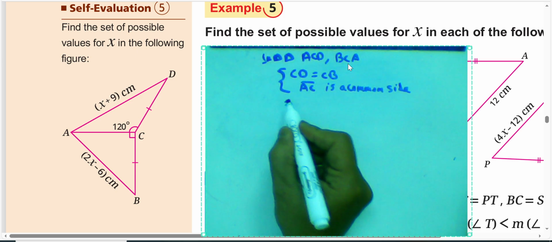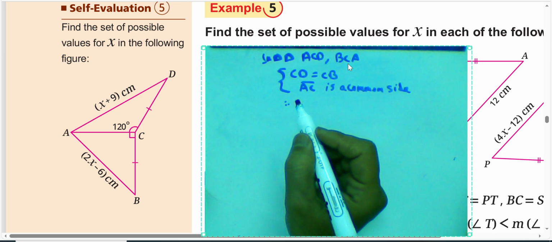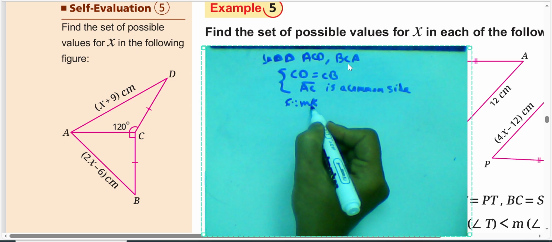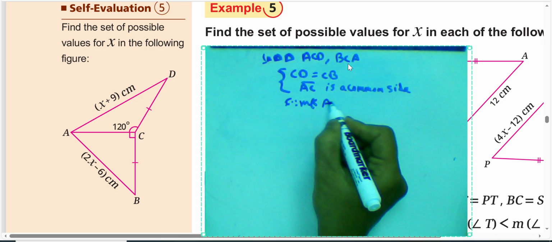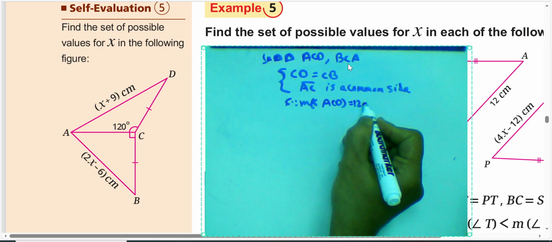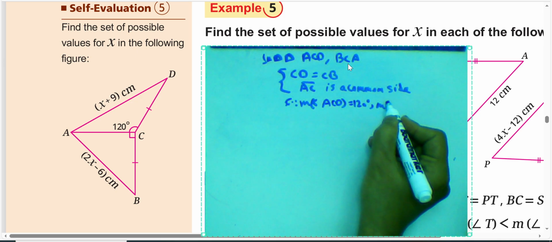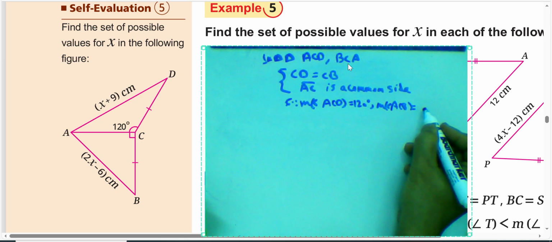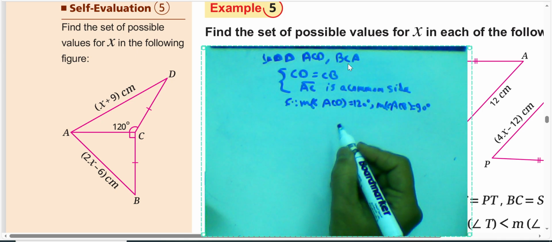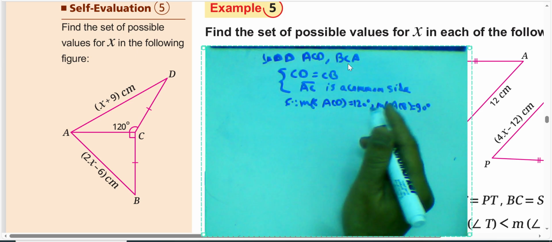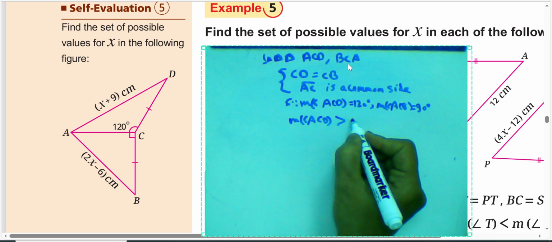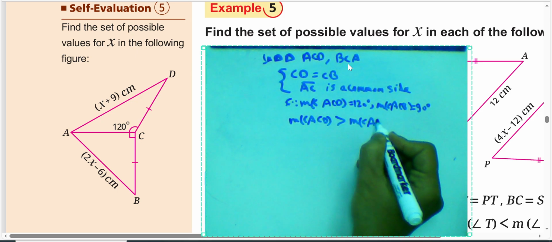Then we have a relation between two angles, such that measure of angle ECD was 120 degrees and measure of angle ACB was equal 90 degrees. This angle is greater than angle ACB. Measure of angle ECD is greater than measure of angle ACB.